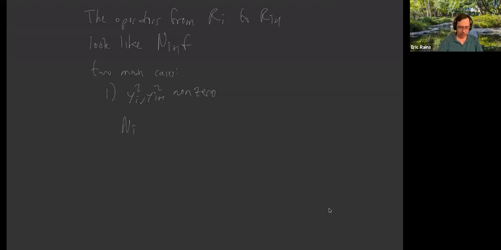So the operator applied to Ri, where Ri is in capital Ri, is Fri minus iota i plus 1 applied to Fri, where iota i plus 1 is the involution.